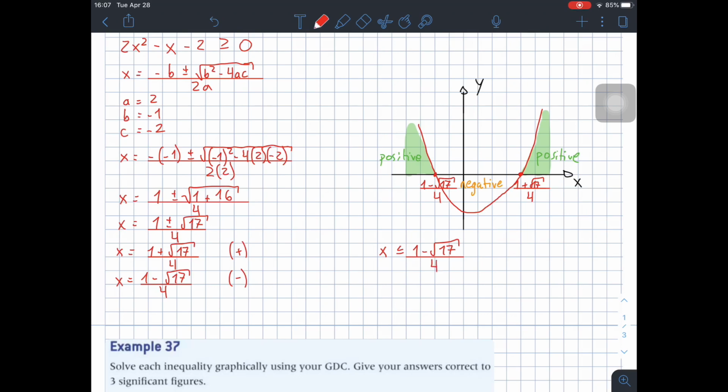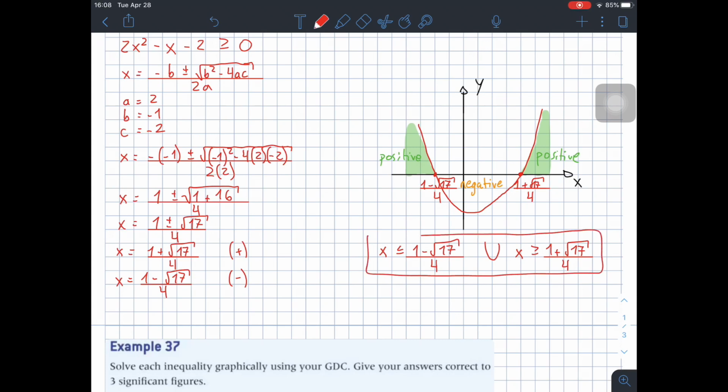And at the same time, remember, we're using here union. This is something that we saw during the first classes. Union means x, or x could also be greater or equal than 1 plus root 17 over 4. These are all the solutions to this quadratic inequality, okay?